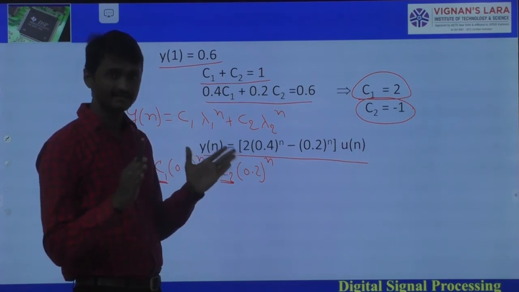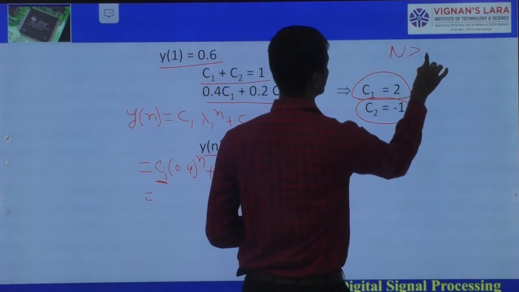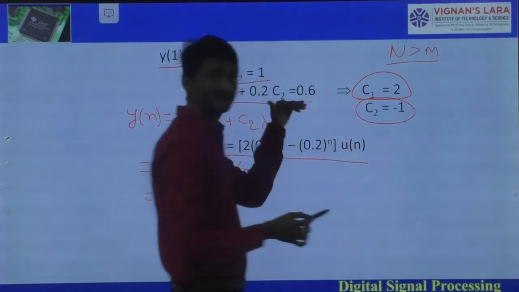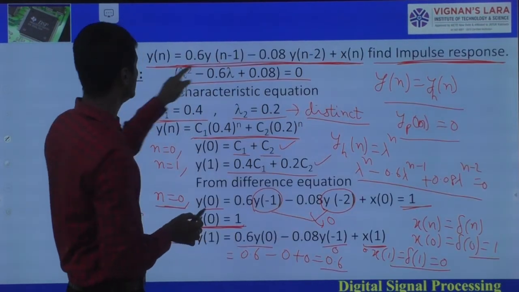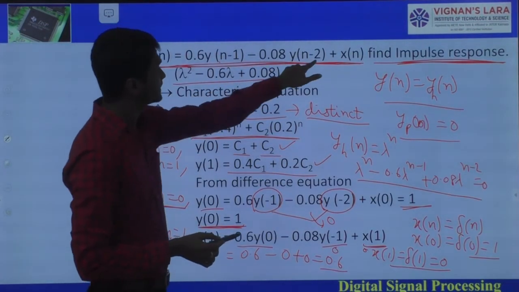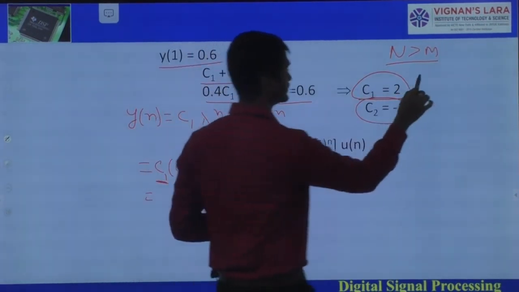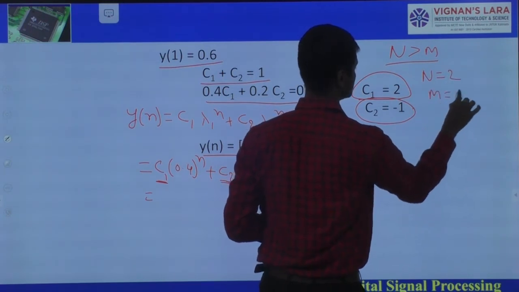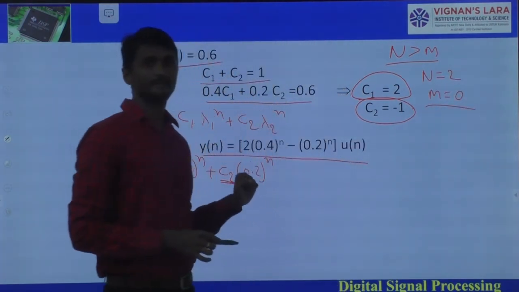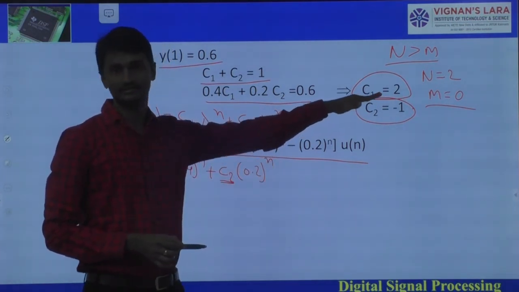This is the condition only if n is greater than m. In the given problem, n equals 2 and m equals 0. That's why we equate the particular solution to 0 in this condition.